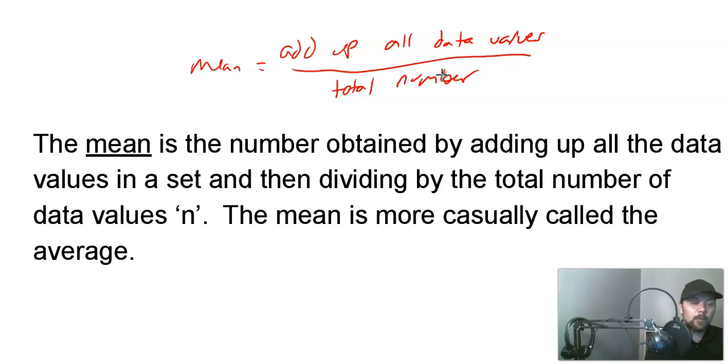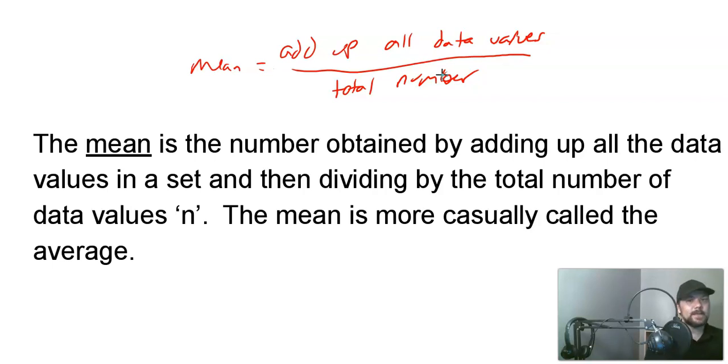So what always happens in mathematics is anytime a certain concept or phrase would get used repeatedly for some kind of situation, in math, we like to invent symbols to represent those concepts. And so that's going to be the case here. Adding up all of the data values is a really common thing to do, especially in statistics. And we don't want to have to write it out in words every time.